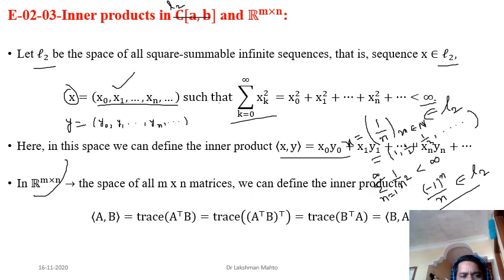So the inner product in this collection of matrices we define by trace of A transpose B. If you take any two matrices A and B from this space of matrices, you define trace of A transpose B. What is trace? Trace is the sum of diagonal elements of the corresponding matrix A transpose B.